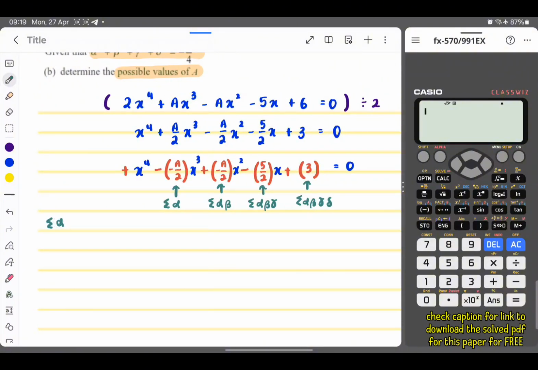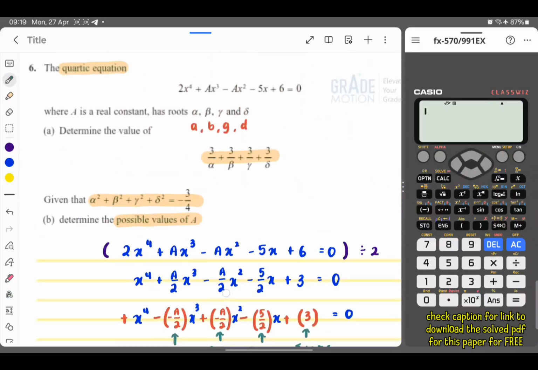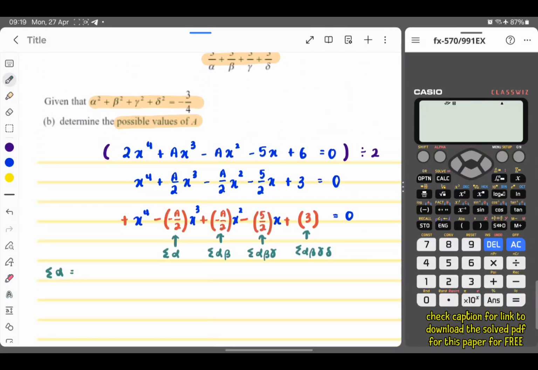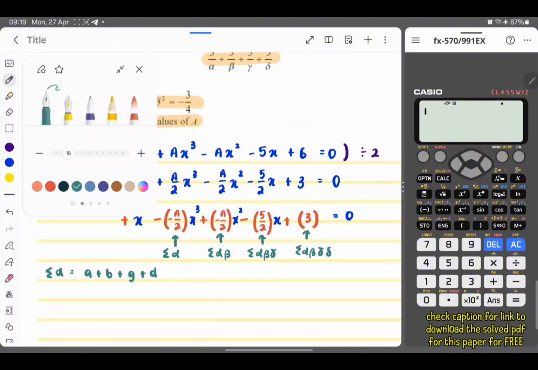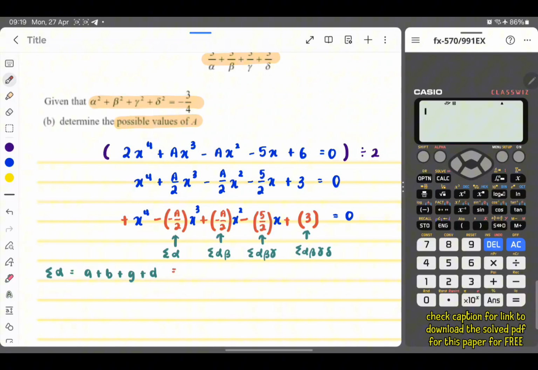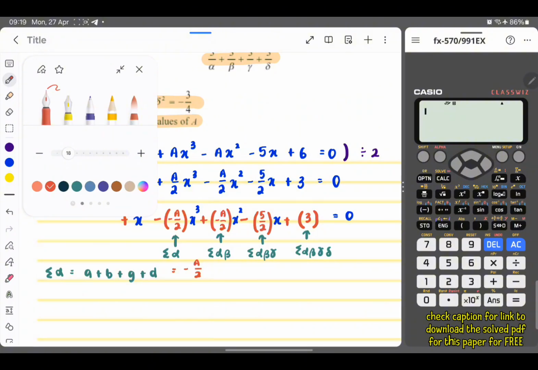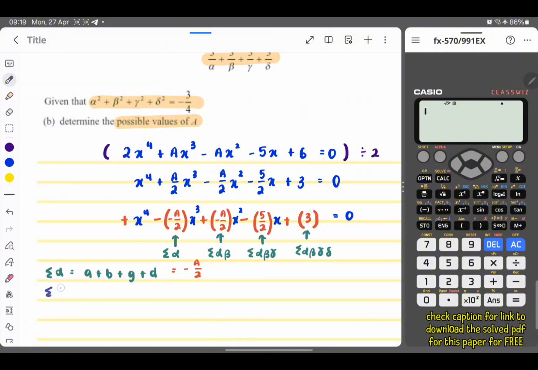Summation of one root, let's use A, B, G, D instead. So it will be A plus B plus G plus D. This is equal to negative a over 2.